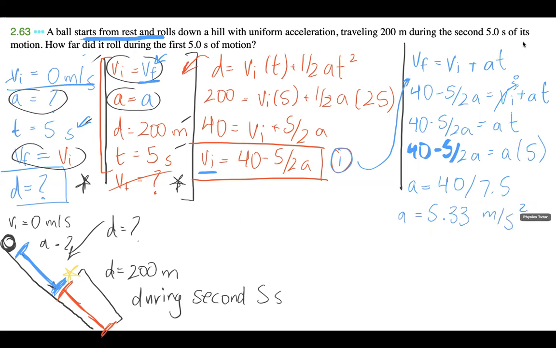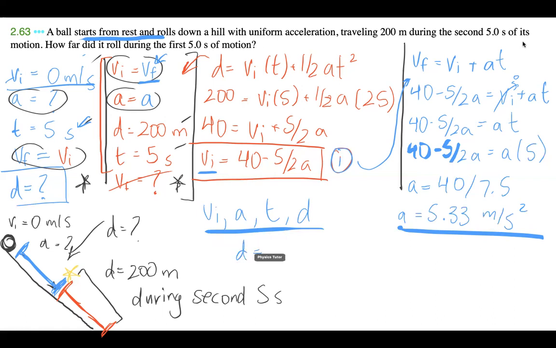All right, so now we have our acceleration. We have our VI for blue, that's our known. We have our acceleration because we just solved for that, and we have our T. Now we're just looking for our D. So we can use a kinematic equation that has all these variables in it: D is equal to VIT plus half of AT squared.